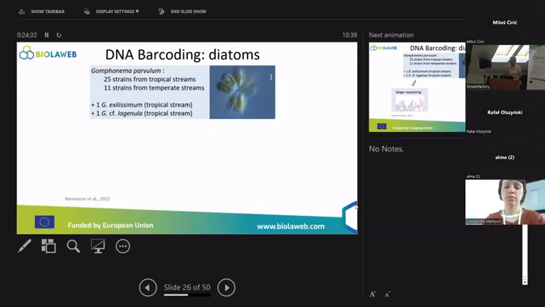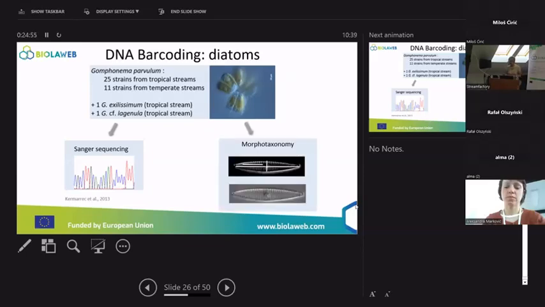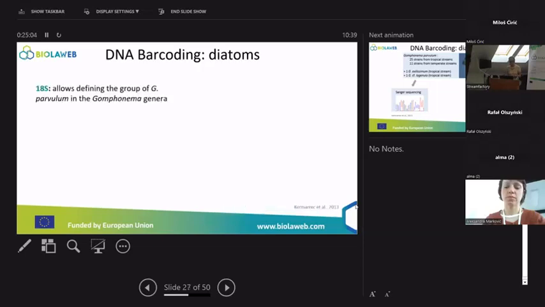During her PhD she isolated 25 strains of Gomphonema parvulum from tropical streams, but also strains from temperate streams, and different Gomphonema species were also isolated. We compared the sequences for the 3 different barcodes that I showed you previously to the taxonomic identification based on morphotaxonomy. And she did a really in-depth morphotaxonomy analysis here.